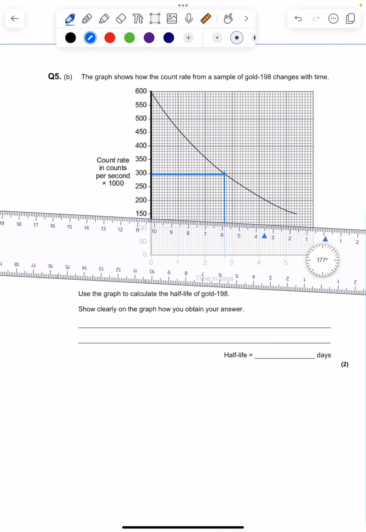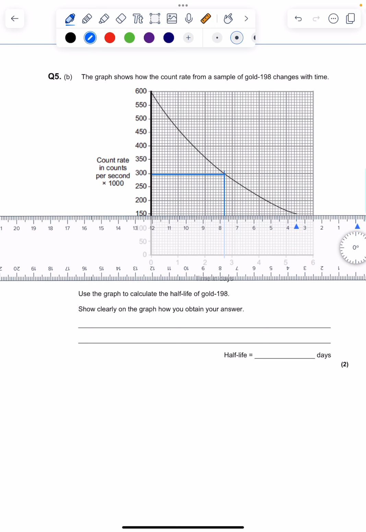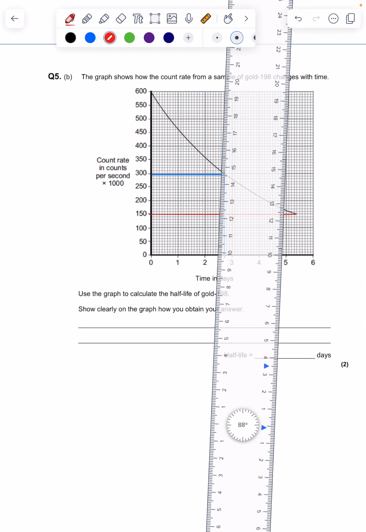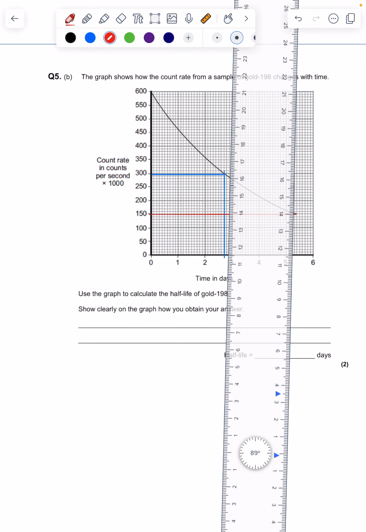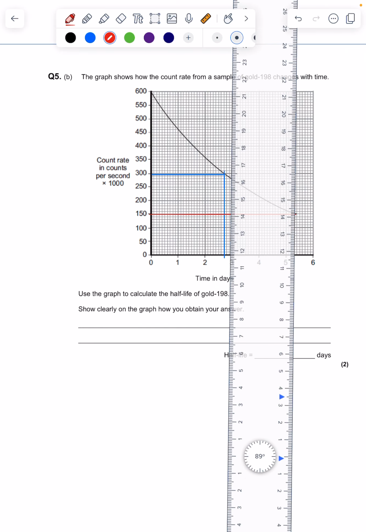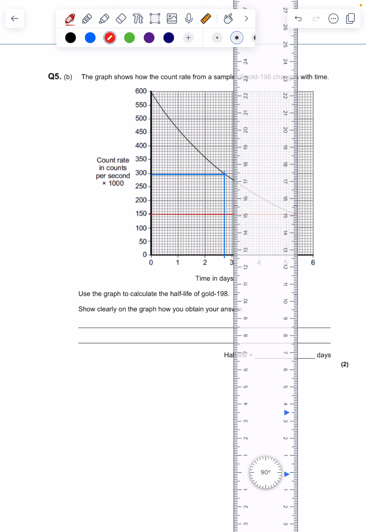Half of 300 is 150. So we draw a line at 150, and then the point where it goes down. And then we measure the intervals between them. So it's important that we get the scale right.